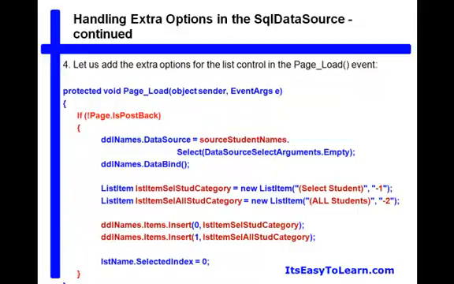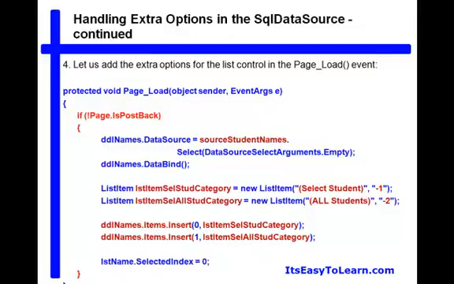Now, in the page load event, first we add the data source for the DDL names drop-down list, and then you do a data bind. So what will happen here is all the student data from the database will be fetched, and the name will be populated in the DDL names drop-down list.